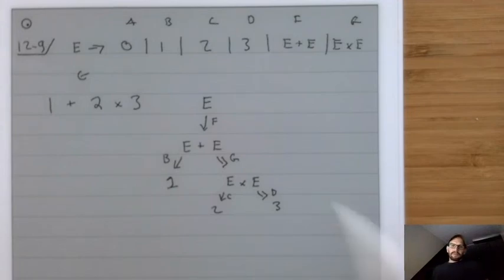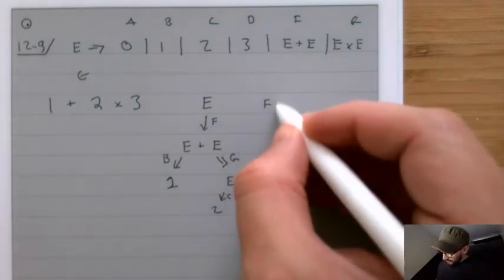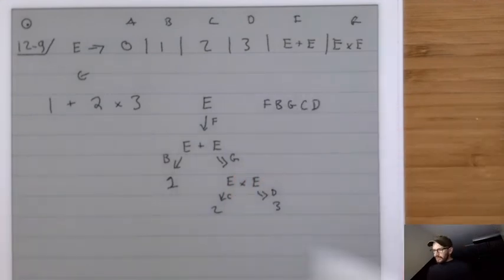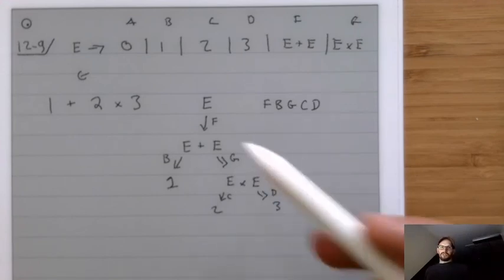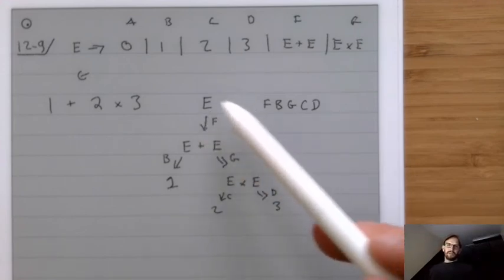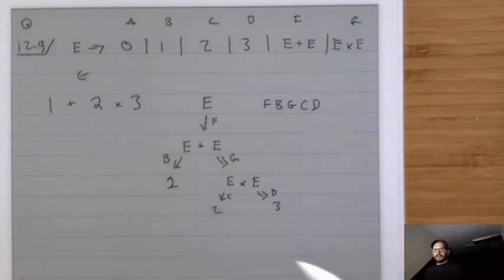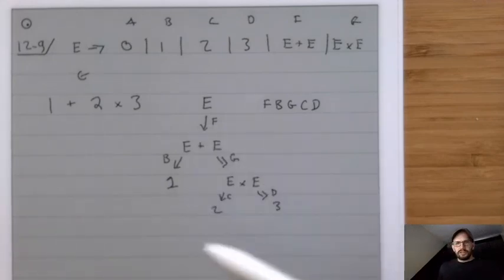Now, from this list of transitions, F, B, G, C, D, we can reconstruct the original string, because we know that we'll follow F and then B and then G, C, D. Now notice the structure that this would create for us.